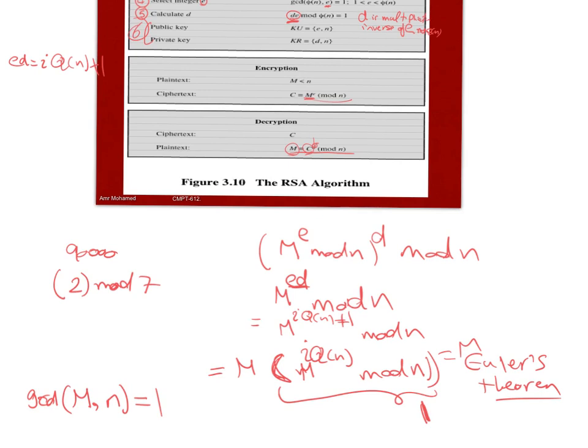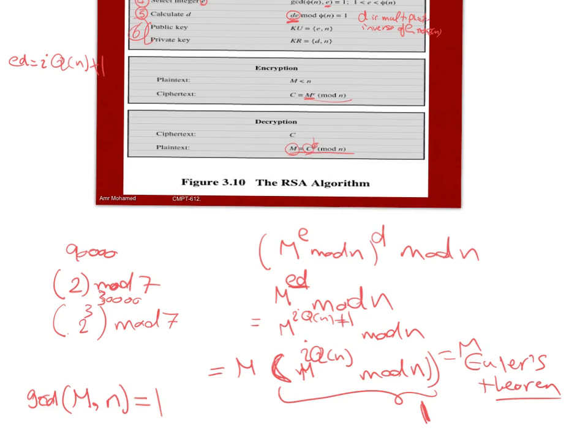If you say that 2 to the power 90,000 is in fact 2 to the power 3 times 30,000, okay? Mod 7. Now enter the mod inside.